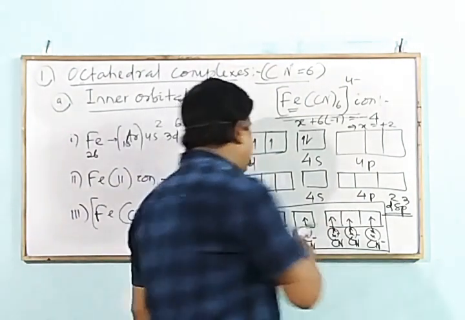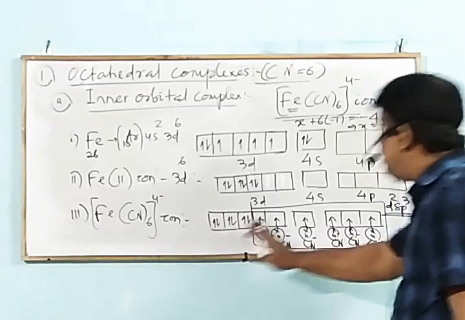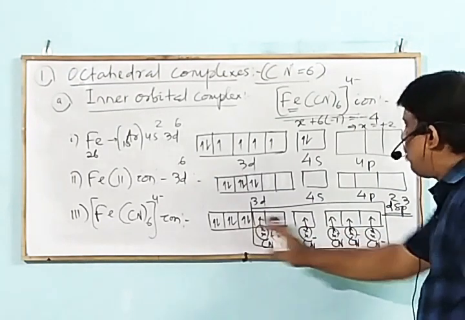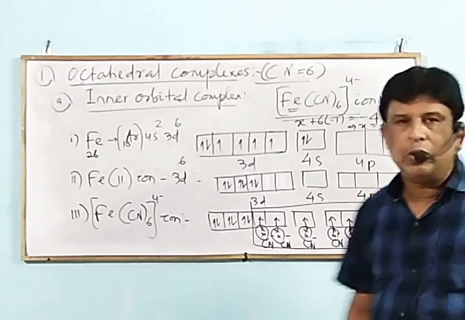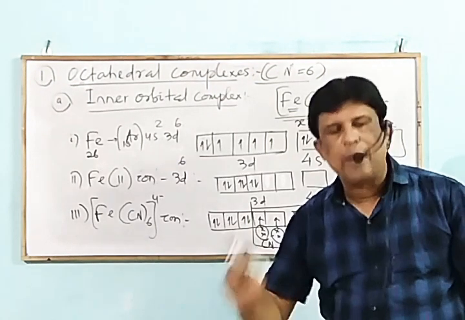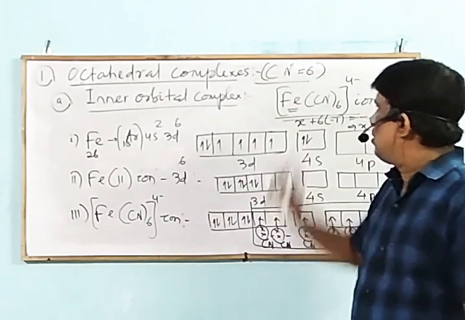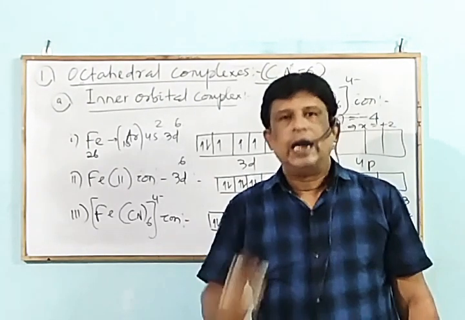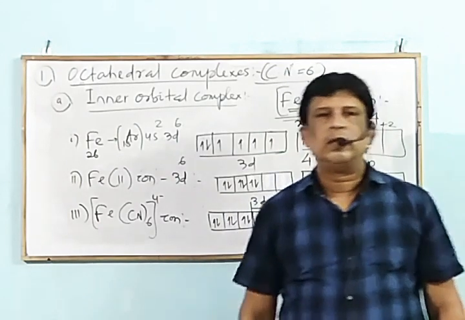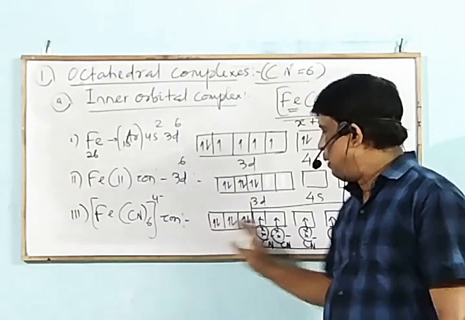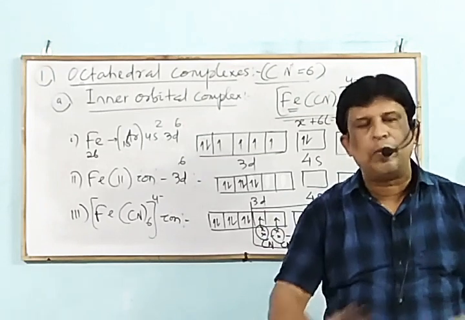So from this diagram it is clear that since all the electrons in the orbitals get paired off, the number of unpaired electrons n is 0, therefore this complex is diamagnetic in nature. And since the coordination number is 6, it is an octahedral complex, inner orbital complex, low spin complex, because the spin is nearly 0, no unpaired electron.